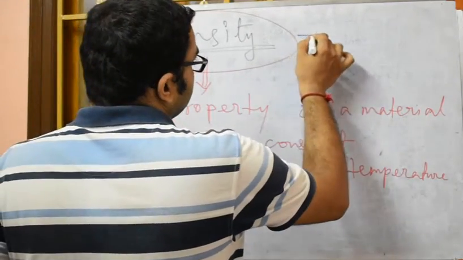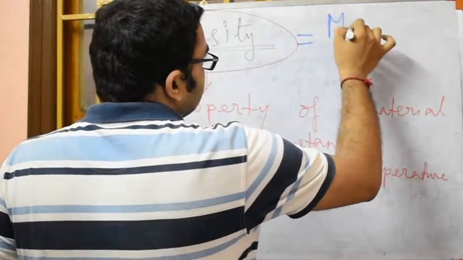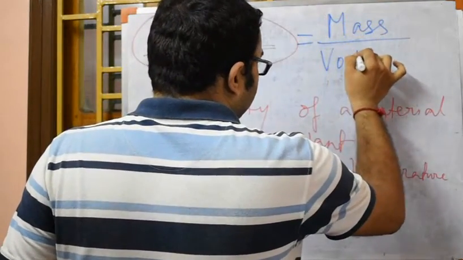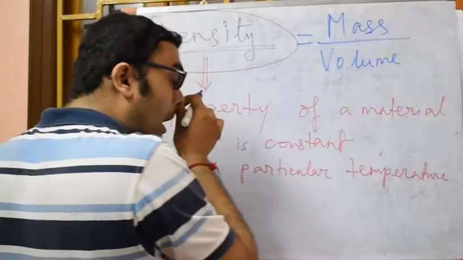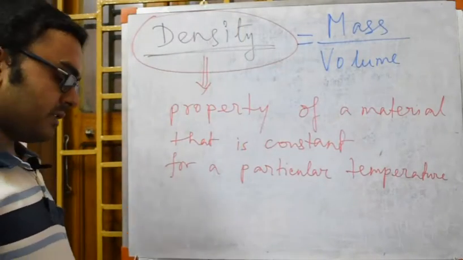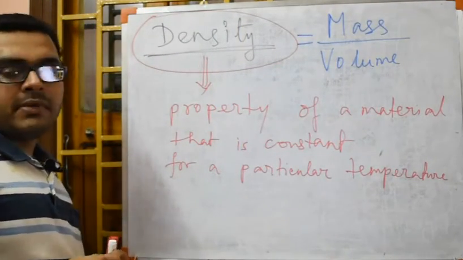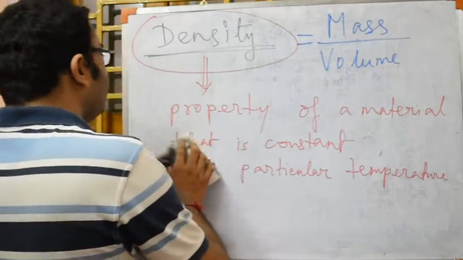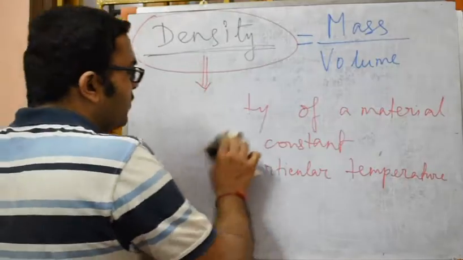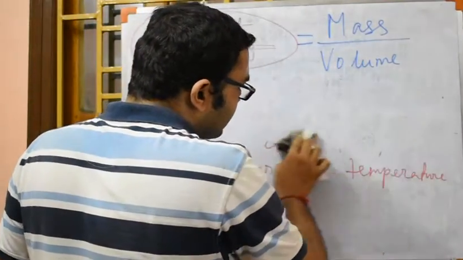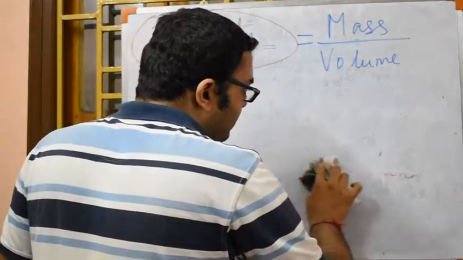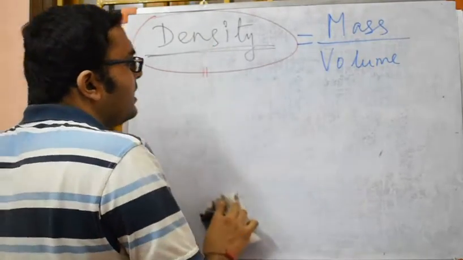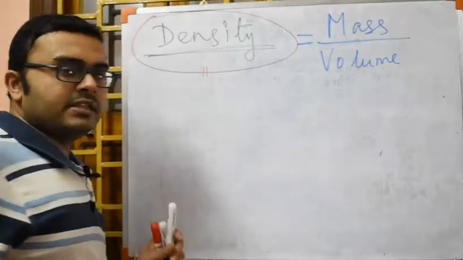Density is given by, you measure the mass of an object, divide it by the volume of that particular object, and you will get the density of that object. Mathematically, density is equal to the ratio of mass and volume. In simple terms, if I divide the mass of a particular matter, substance or any object by its volume, I will get the density.